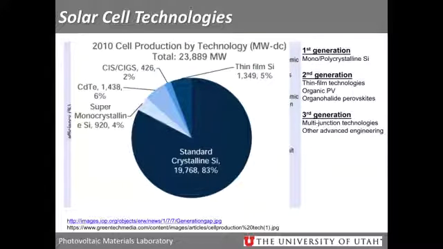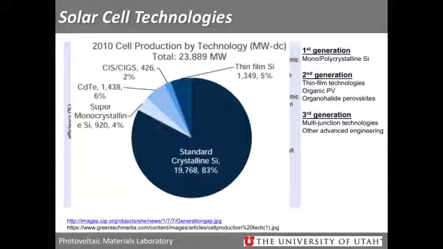If we look at the market share, this is from 2010, crystalline silicon and silicon together own over 90% of the market share, because silicon is one of the most earth-abundant materials. It's had 50 years of research. It's just really well known, and it works well.